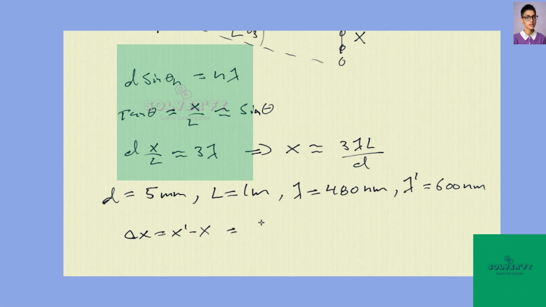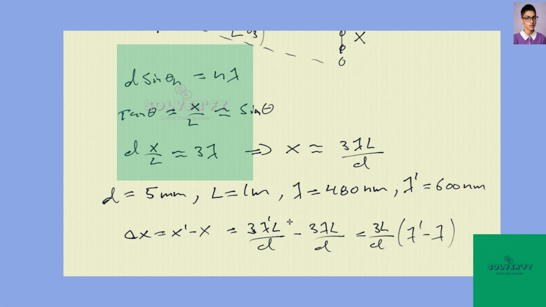And this is going to equal 3 lambda prime L over d minus 3 lambda L over d. And then we have a 3 L over d common factor, so this is just 3 L over d times lambda prime minus lambda.